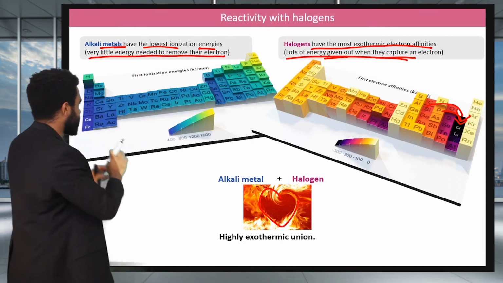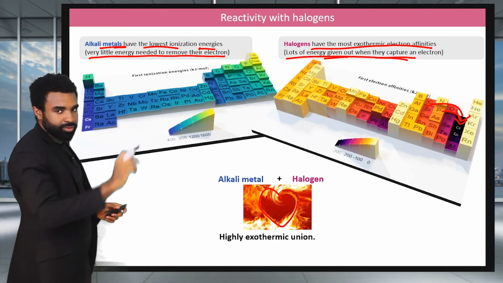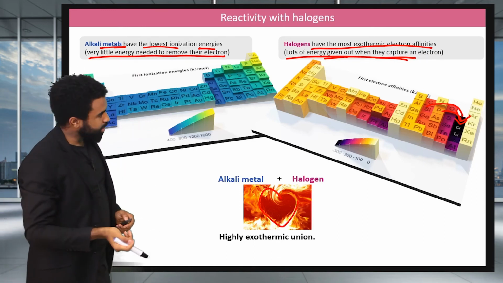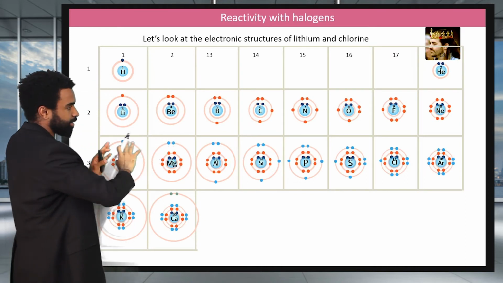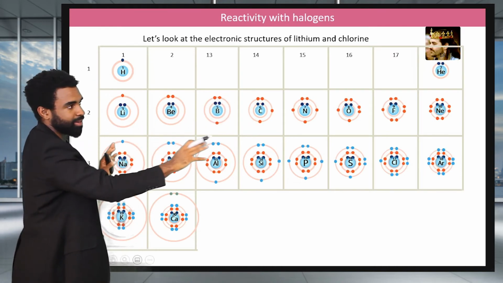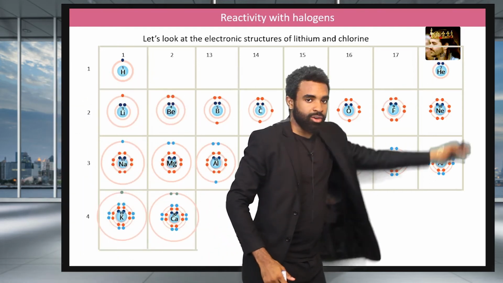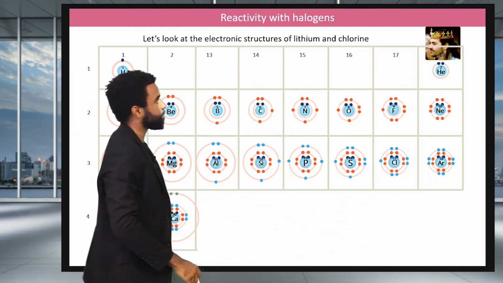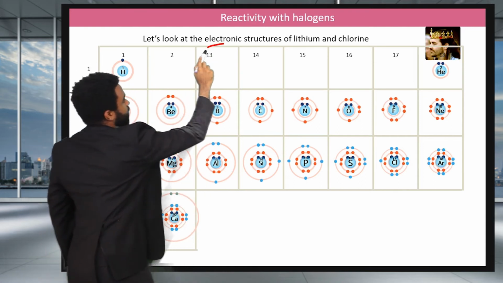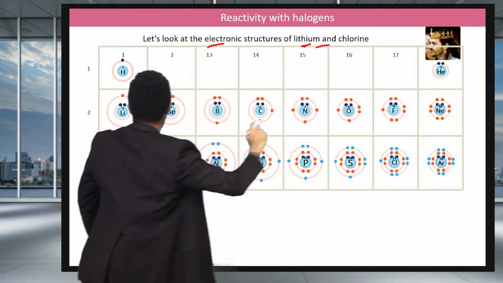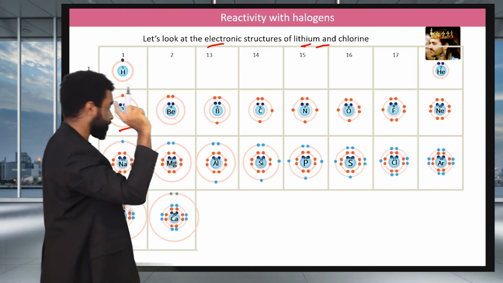Okay? So here you need very little energy to take off the electrons. We can think about it also in terms of this schematic I've given you, where you think that they're all trying to attain a noble gas configuration. Okay? So if we look at the electronic structure of lithium and chlorine, here we have lithium, and there we have chlorine.